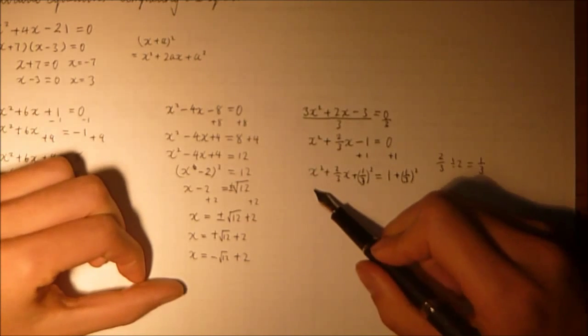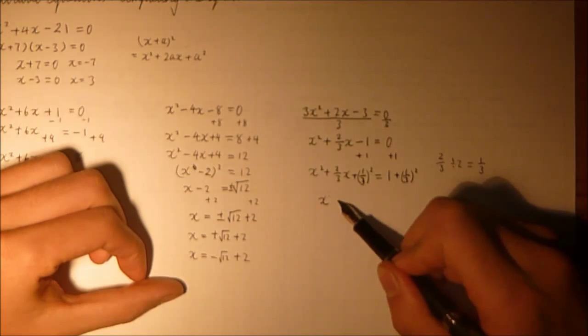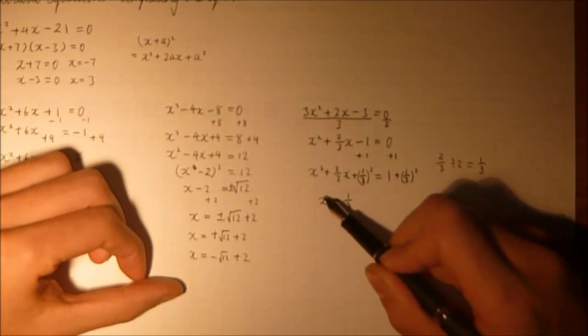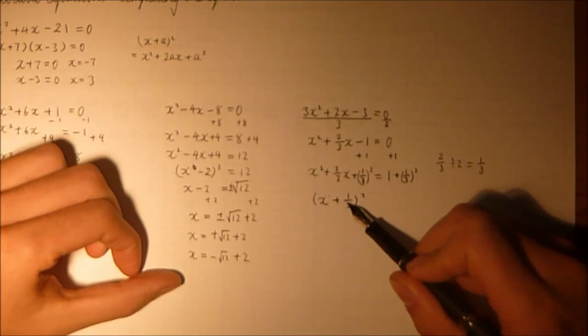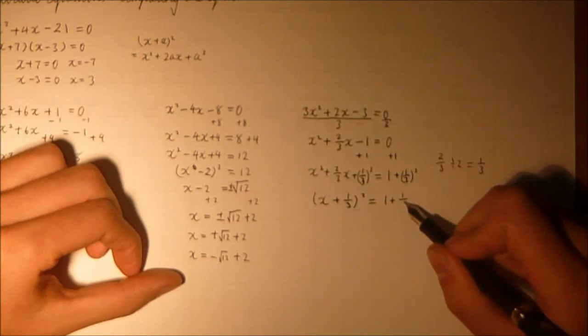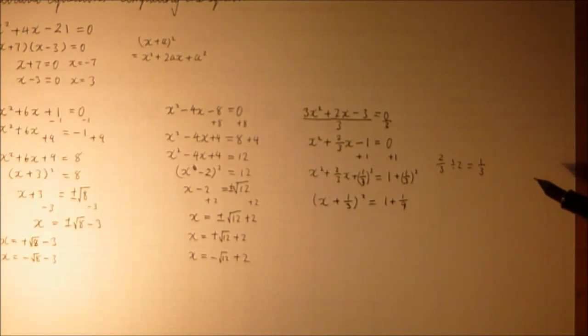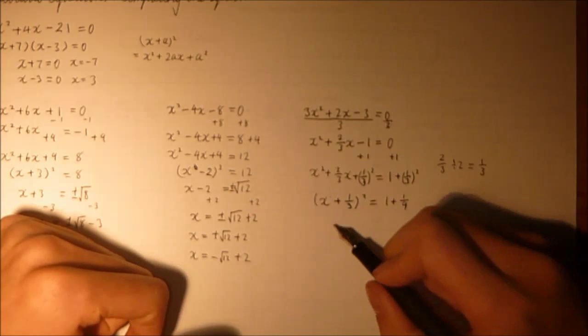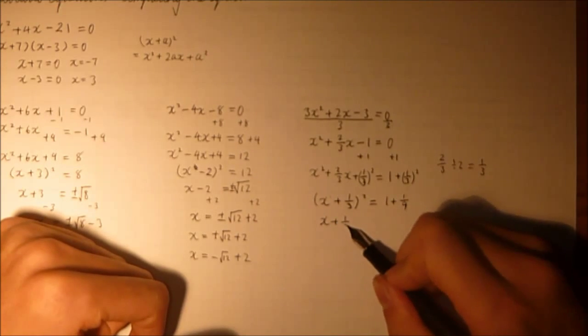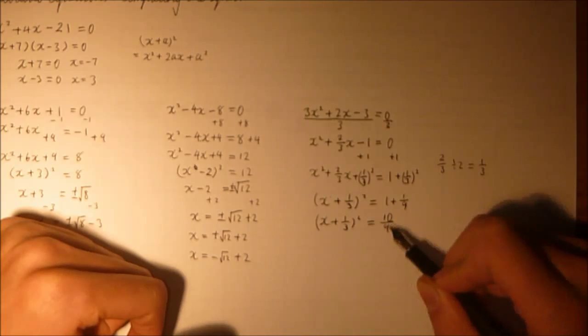Okay, so in this case, we will end up with (x + 1/3) squared equal to 1 plus 1 over 9, which equals 10 over 9 really. So (x + 1/3) squared equals 10 over 9.